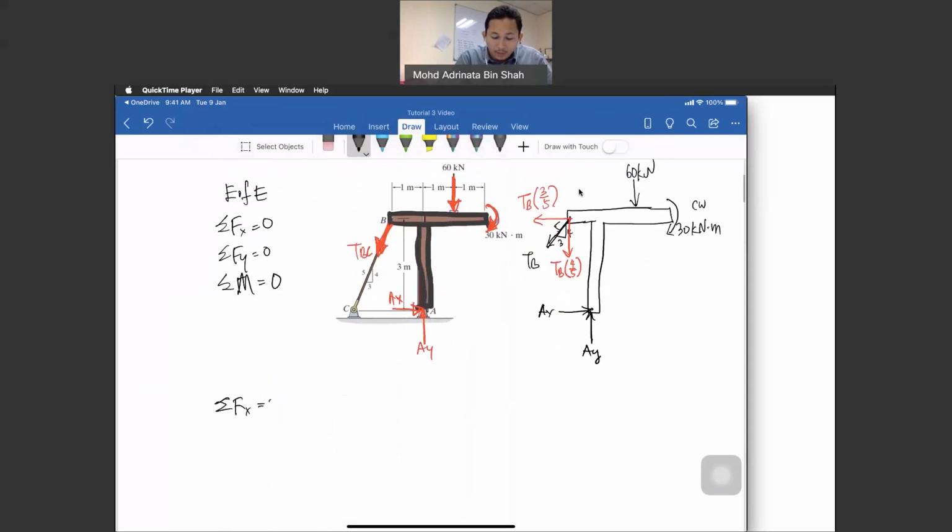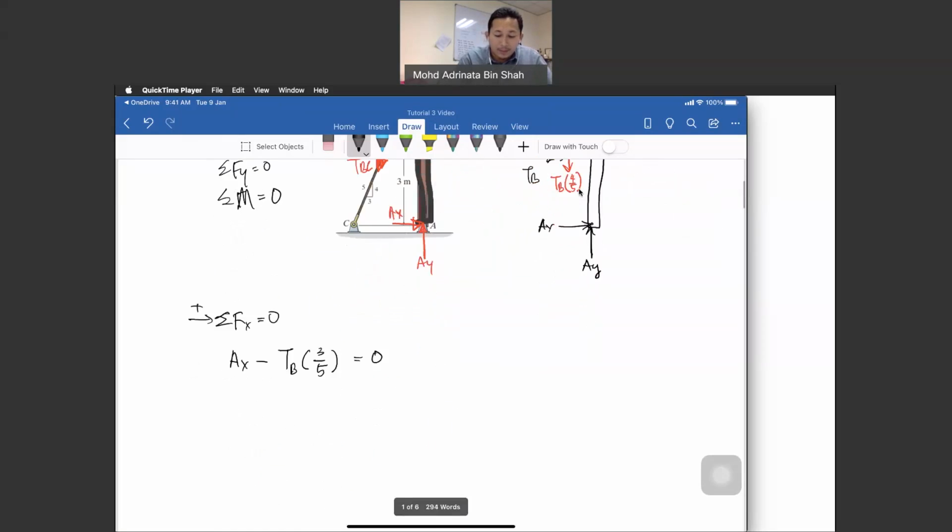First one is Fx equals to 0, right, positive. And we have Ax positive minus TB 3 over 5, x negative, okay? And that's it, equals to 0. We cannot solve the equation because we have Ax and TB. Now, Fy equals to 0.